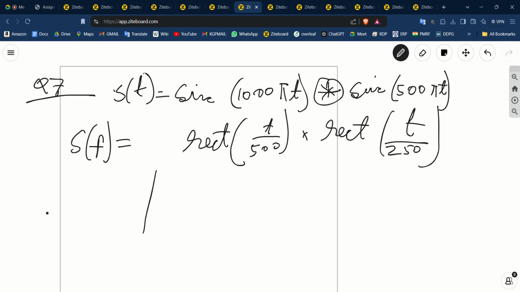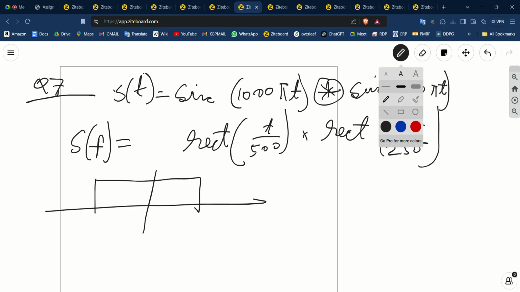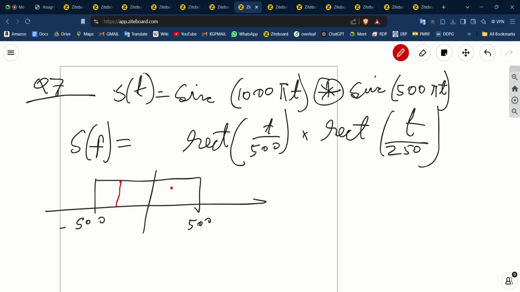So one will be between 500 and minus 500, and another will be between 250 and minus 250, and these two will get multiplied.